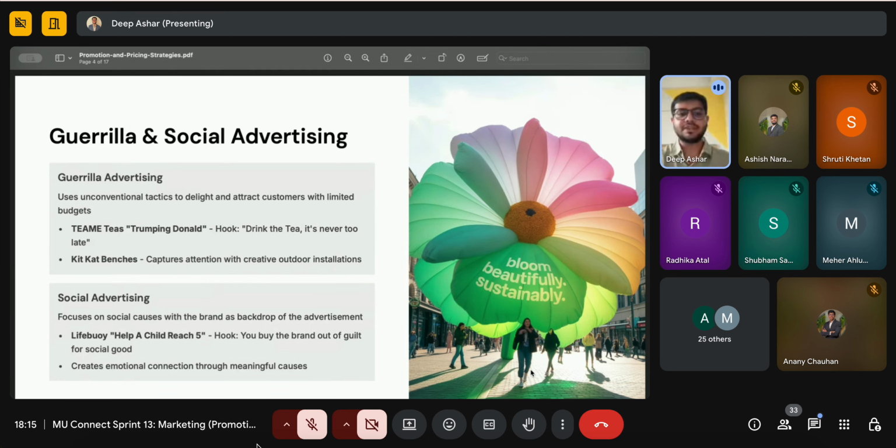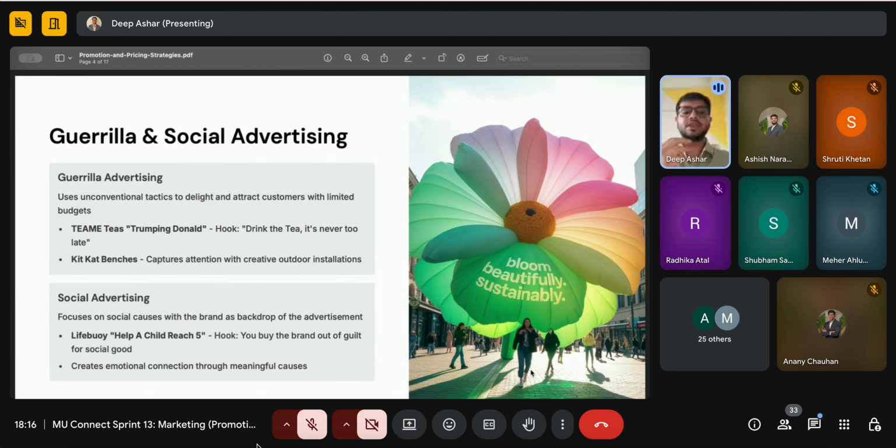For example, the ad he showed in class was about how to help a child reach 5, and the entire ad was about how just by washing your hands and staying clean, people are able to extend their life to reach the age of 5. In the end, they subtly communicate that this is an initiative by Lifebuoy.